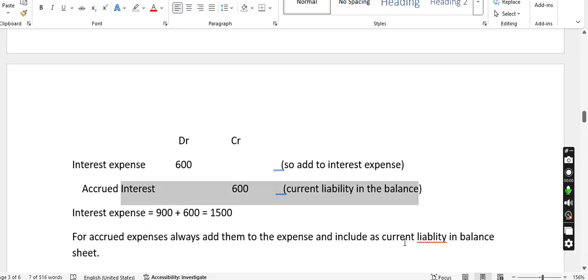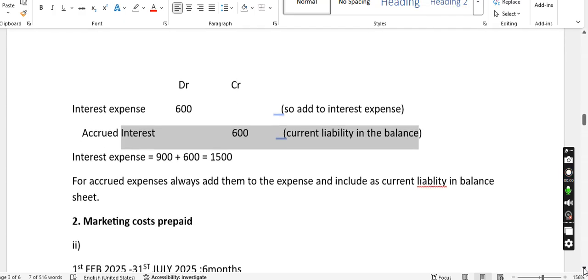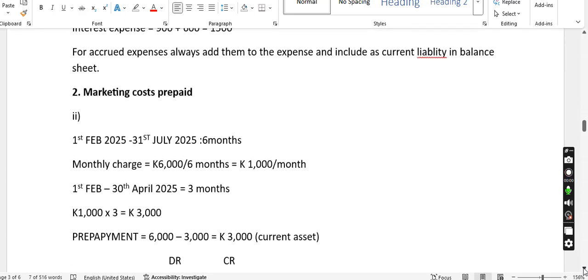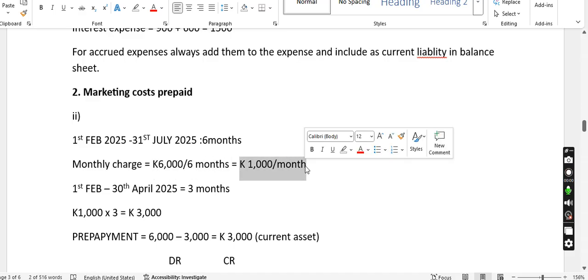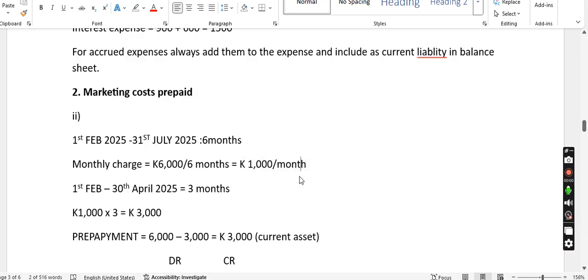So we come again here. From 1st February to 31st July, 6 months. So what is our monthly charge? 6,000 divided by 6. It's 1,000 kwacha per month for this promotion. First, we're interested in the amount that has been used up for our year.